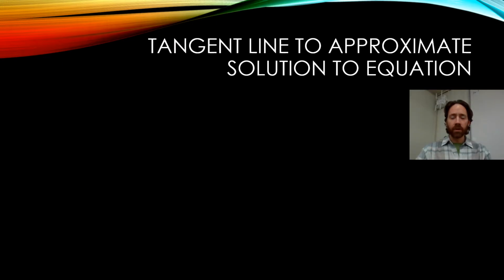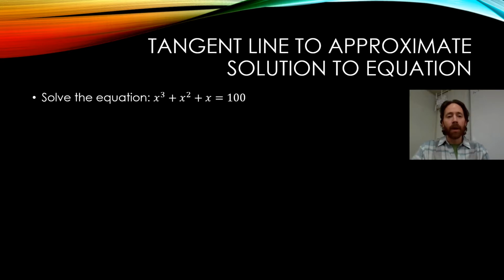Okay, we can also use the tangent line to approximate the solution of an equation. Here's a cubic equation, x cubed plus x squared plus x equals 100. If you don't want to use the cubic formula, if you just need an estimate, this is really nothing that is applicable in modern life, but understanding these techniques will tell you basically how modern numerical methods work on computers.